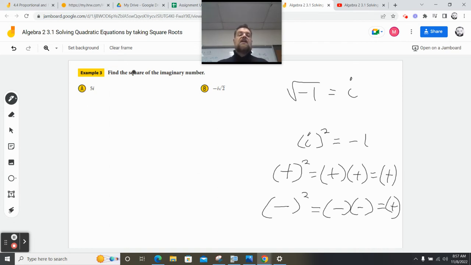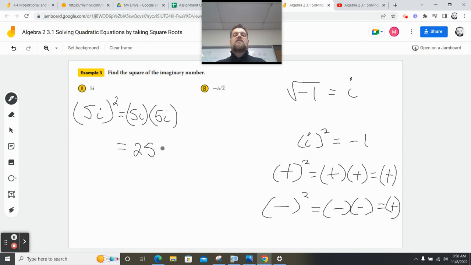So when we say find the square of an imaginary number, if I say 5 times i, and I square it, I get 5i times, that's not an S, that's a 5, times 5i. What's 5 times 5? 25.